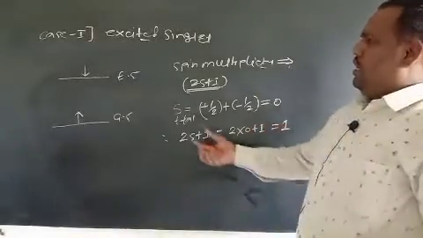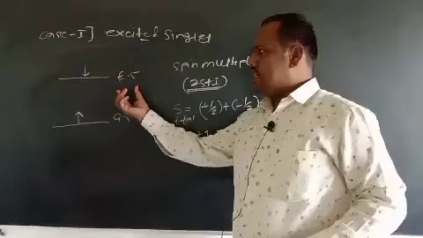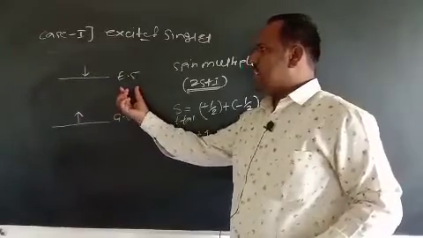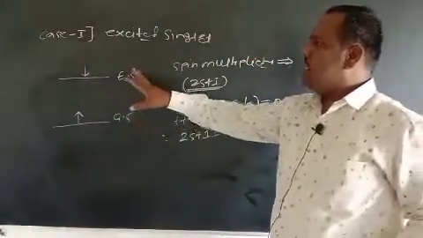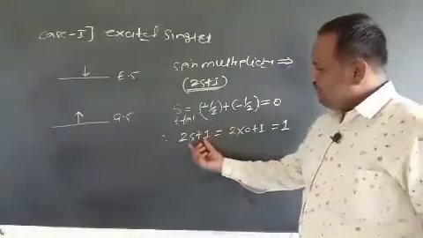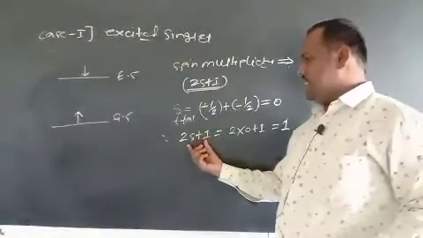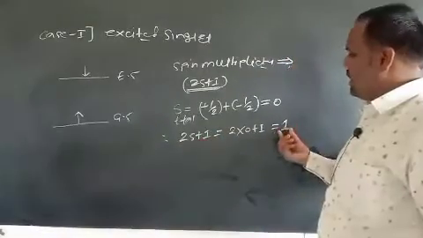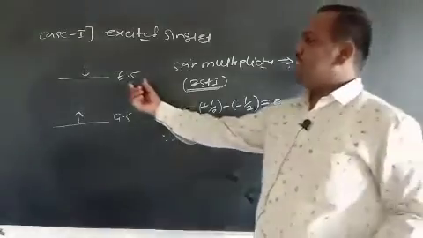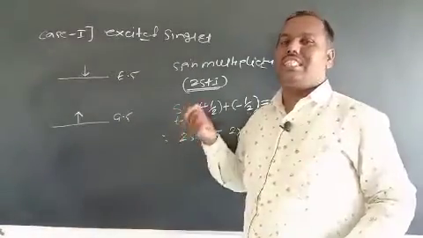So this system, that is ground state, excited state, the state having spin multiplicity, that is 2S plus 1, equal to 1, is therefore considered as an excited singlet state.